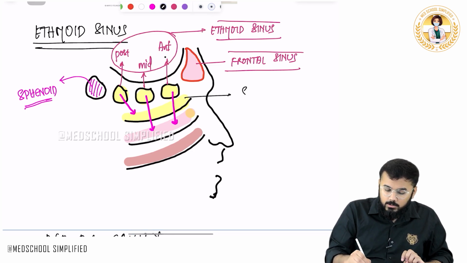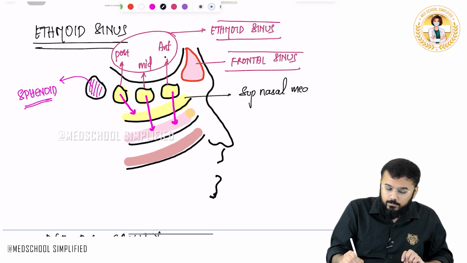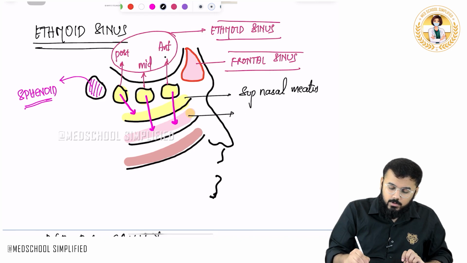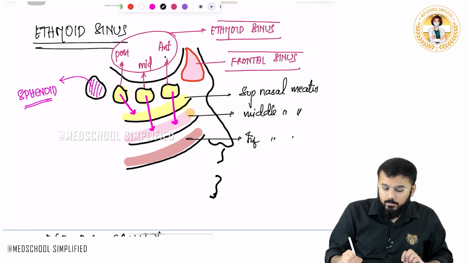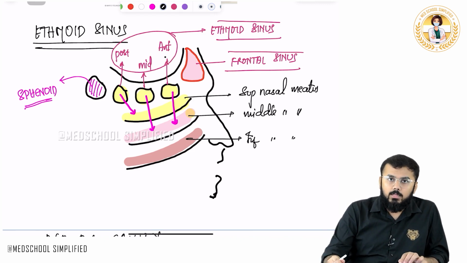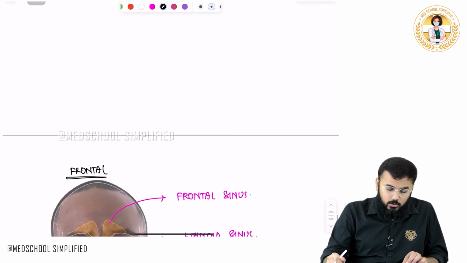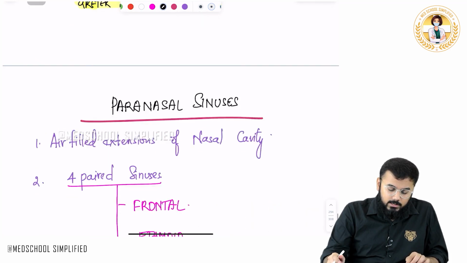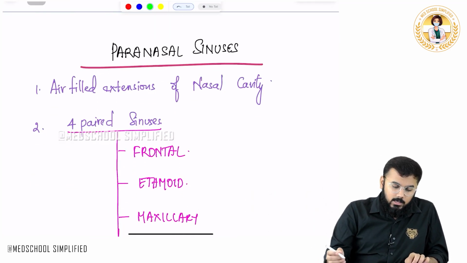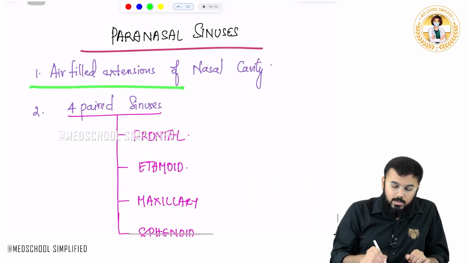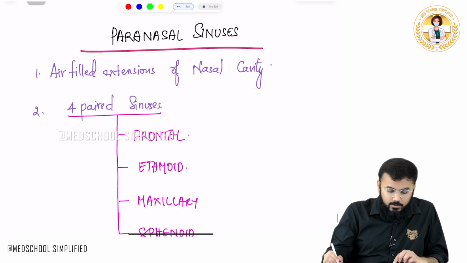So this one is your superior nasal meatus, this one is your middle nasal meatus, and this one is your inferior nasal meatus. So these are all the discussions regarding your paranasal sinuses. These paranasal sinuses are air-filled extensions of the nasal cavity, first point.